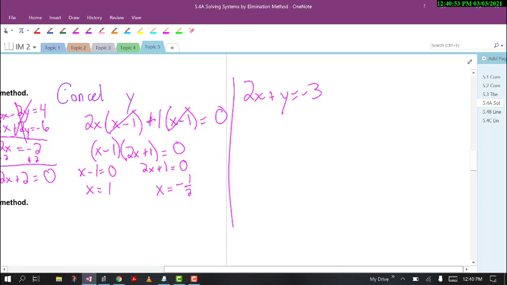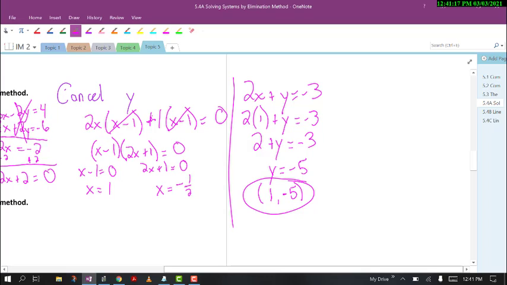Because it's easier than a quadratic. So 2 times 1 plus y equals negative 3. So it's 2 plus y equals negative 3. Subtract 2 from both sides, and y equals negative 5. So one solution is 1 comma negative 5.